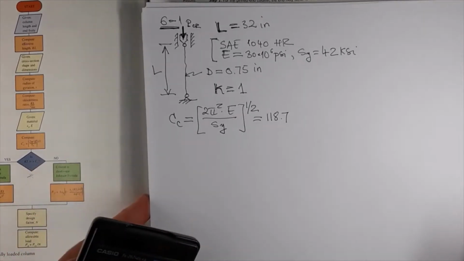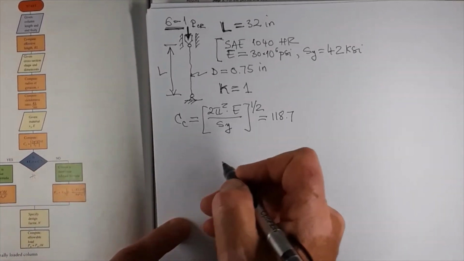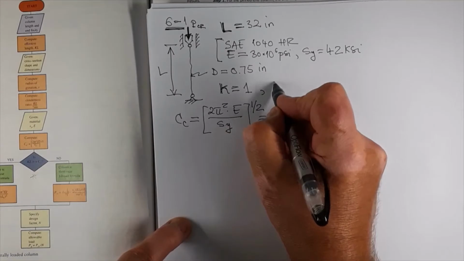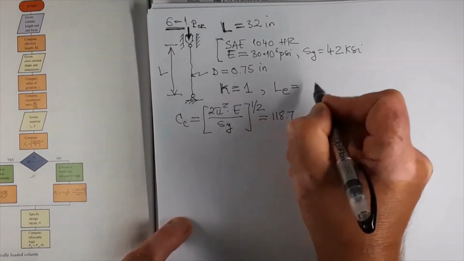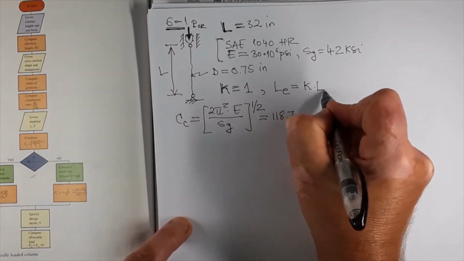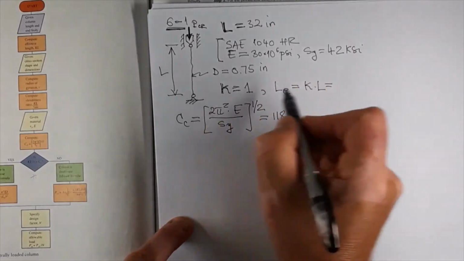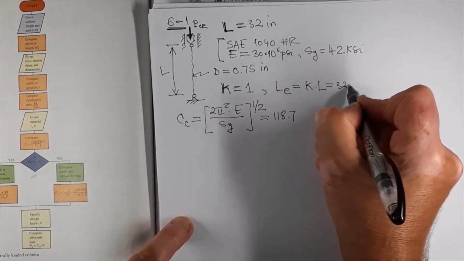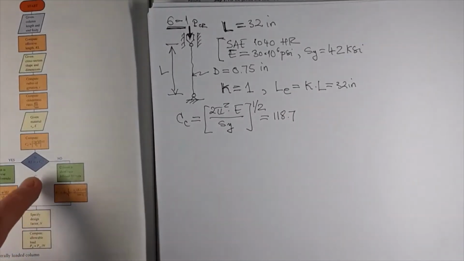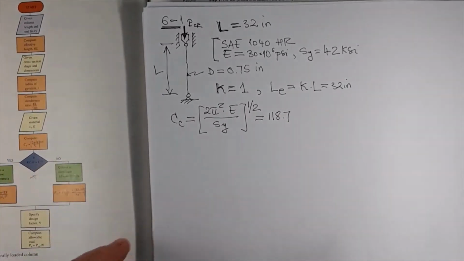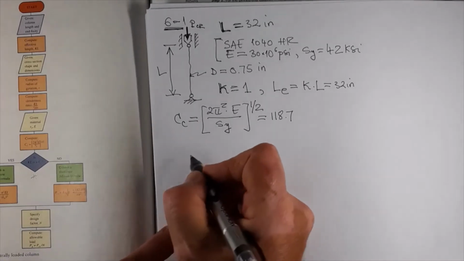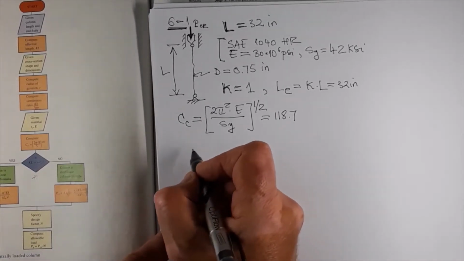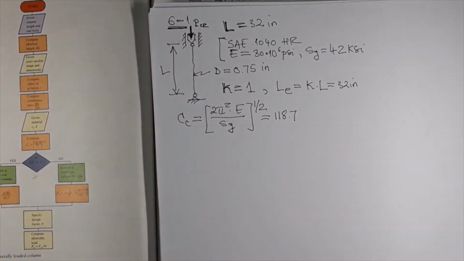We need to calculate slenderness ratio. So we have effective length is K times L, and that's L because K is 1, so we have 32 inches. To calculate the slenderness ratio, we have a symbol for it.